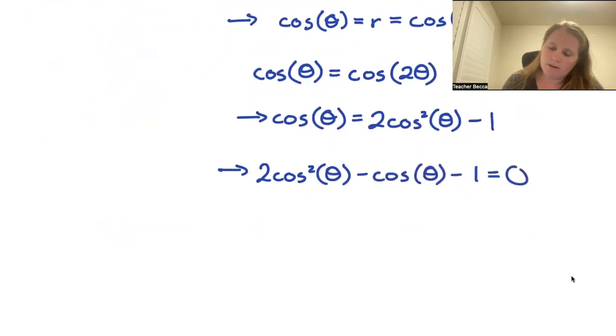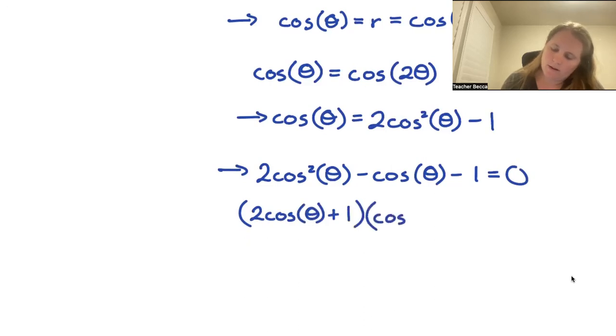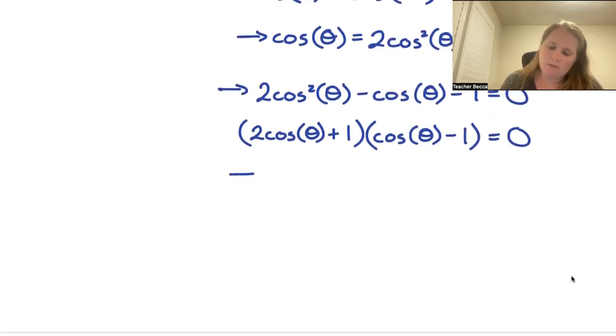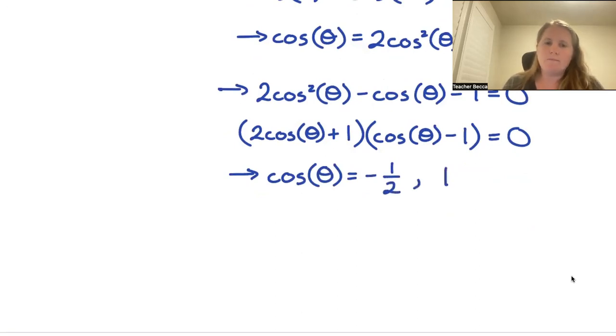We can factor this as 2 cosine of theta plus 1 times cosine of theta minus 1 is equal to 0. And we get, therefore, that cosine of theta is equal to negative 1/2, or cosine of theta is equal to 1.